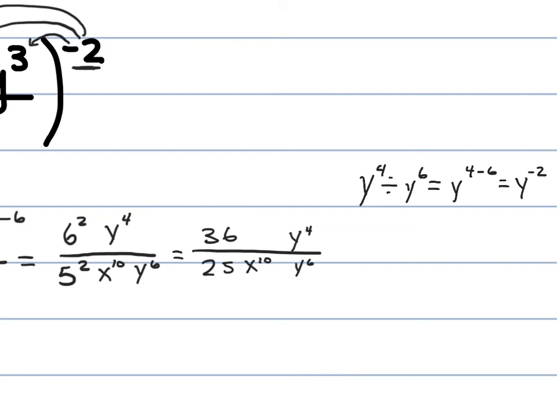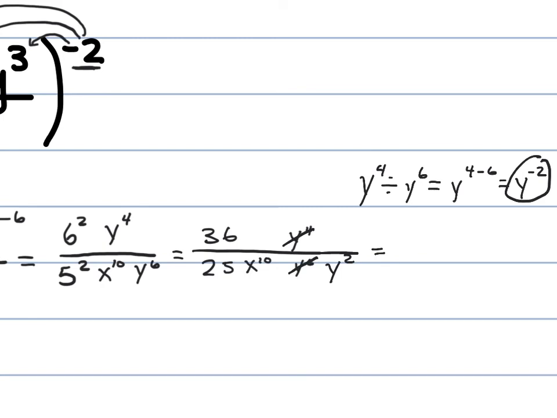Which means that we're going to have two of these y's that we're dealing with are going to end up being in the denominator. So what we've got here is that these are going to end up as y to the negative 2nd, or just 2 y's in the denominator.